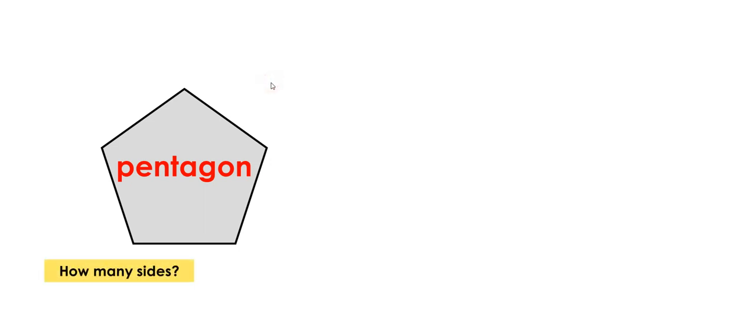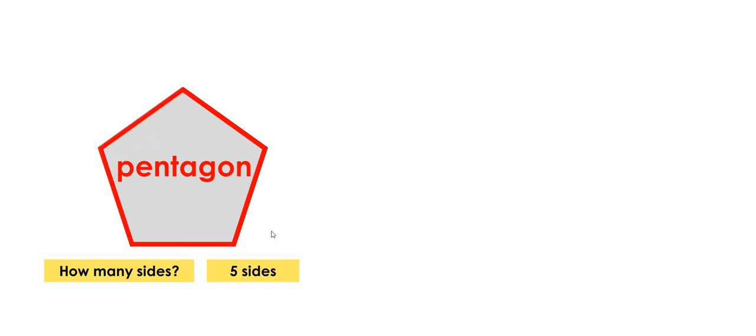What's next? This is the next shape. It is a pentagon. The word penta means 5. So how many sides do you see? Before I tell you, can you count them? Great. It has 5 sides. 1, 2, 3, 4, 5 sides.